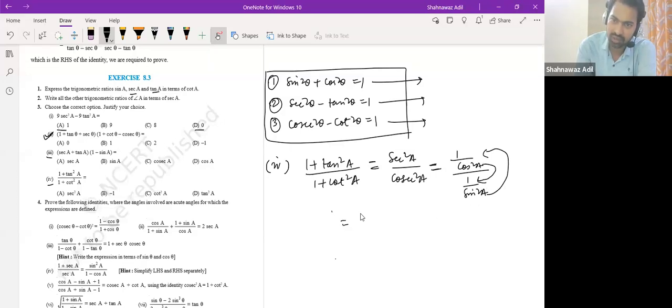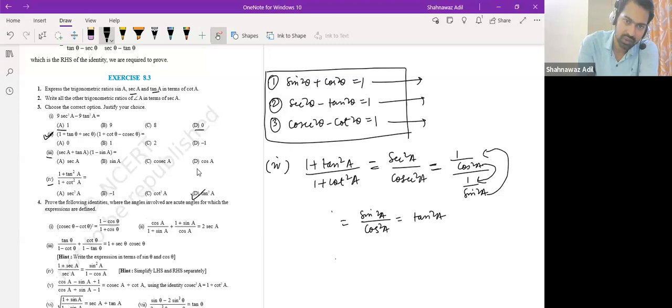So we have sine square A divided by cos square A. So this is what? Tan square. Right? So this one, and what was this one? Oh, so this was cos. Yes, you guys, please note it down, and if you have any doubts, please ask.